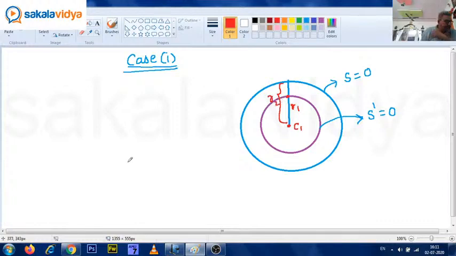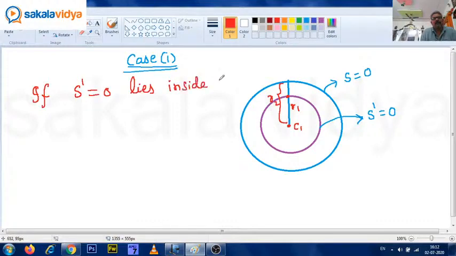So if one circle lies inside the other circle, if S dash is equal to 0 lies inside of S is equal to 0, that means here one case will arise. Say this is R1, this is R2. R1 minus R2 will be greater than the distance between the centers C1, C2. R1 minus R2 greater than C1 C2.